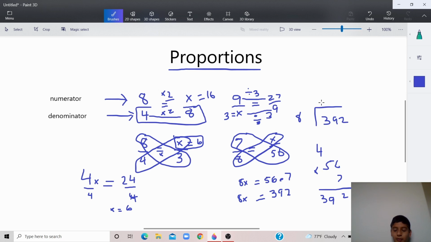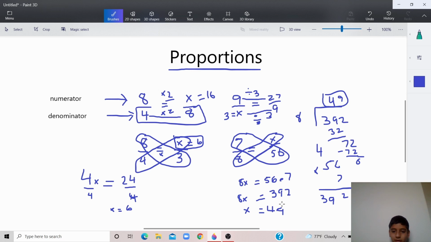When we do it here, we get 4 over here, and we get 32, then 72, and that's 9. Then we subtract 72 and we get 0. So that means our answer is x equals 49. So x equals 49.